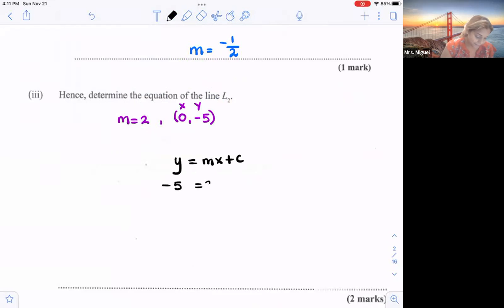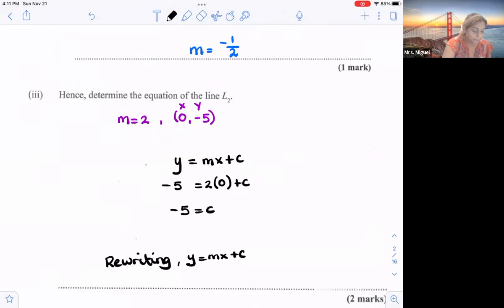Wherever I see m, I'm going to replace it with 2, and x is 0. Any number multiplied by 0 is 0. So therefore, c is 5. So rewriting the equation in the form y equal to mx plus c, my equation is y is equal to 2x plus 5. And here I would have scored 2 marks.